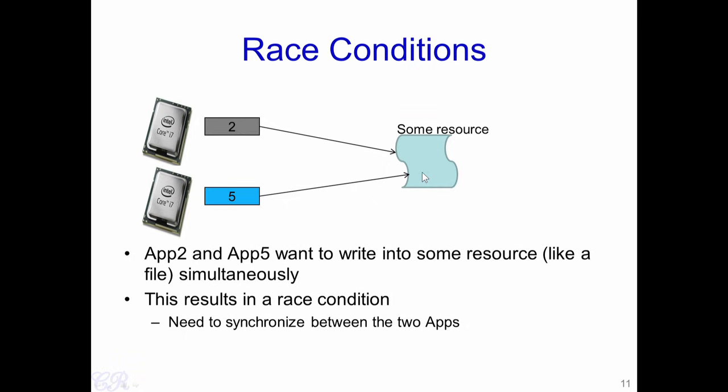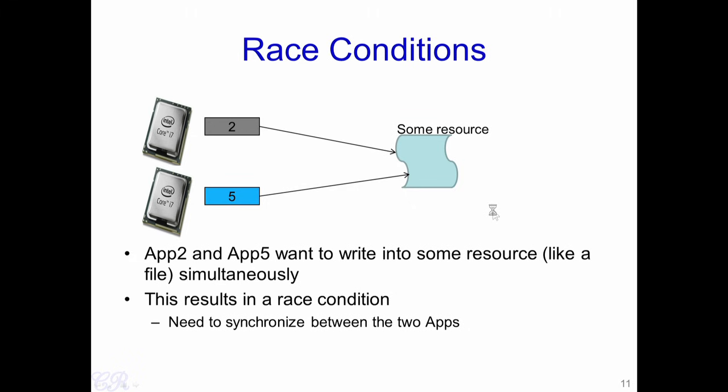Said another way, the operating system will ensure that there is serialized access to this resource. It will ensure that not more than one application is using this resource at a particular instant of time.